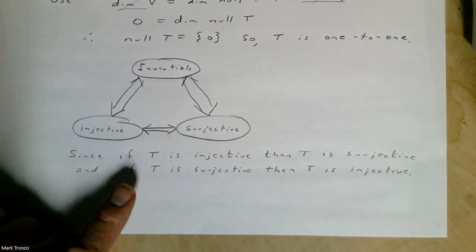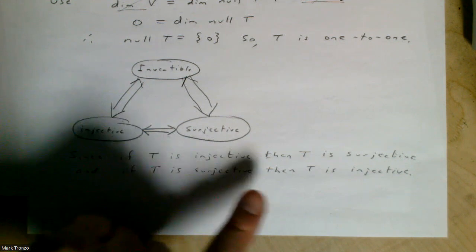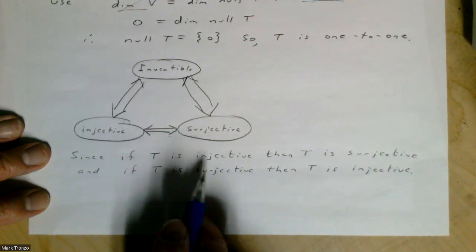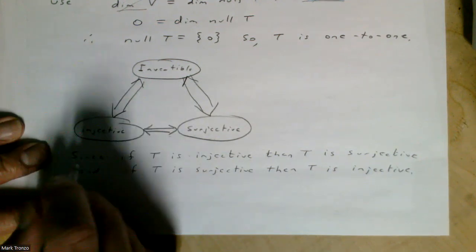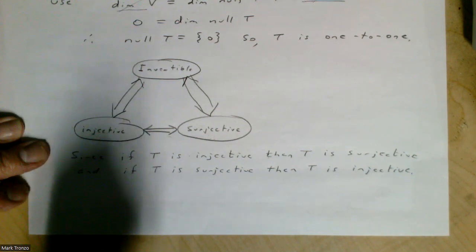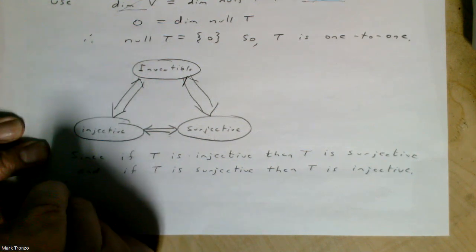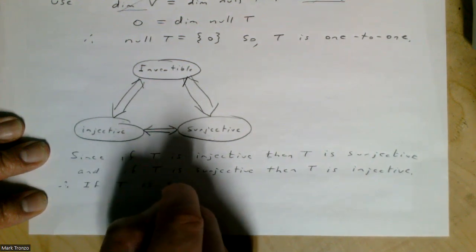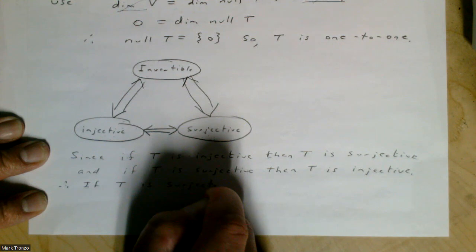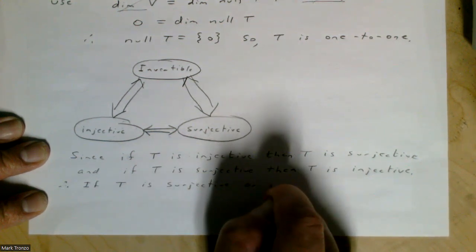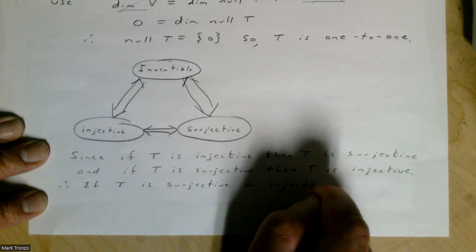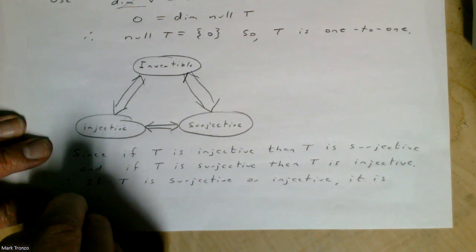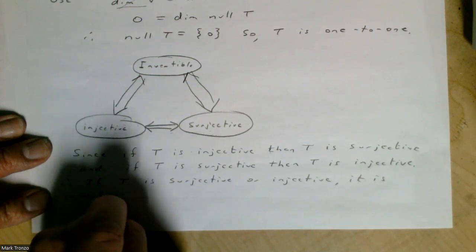So once again, if T is injective, then it's surjective. If it's surjective, then injective. So if you have one, you have both, which means it's going to be invertible. Therefore, if T is surjective or injective, it is invertible.